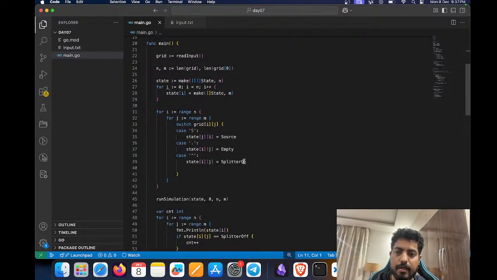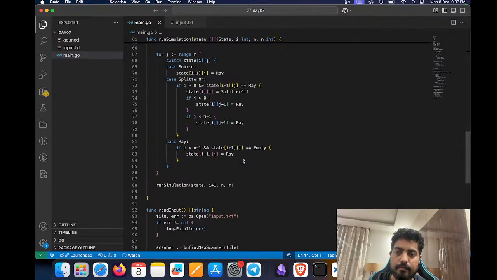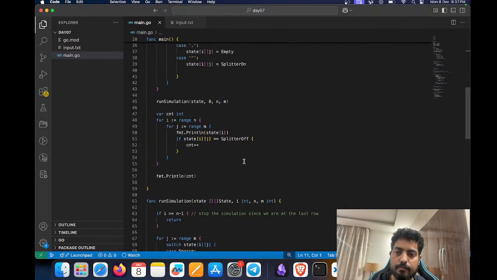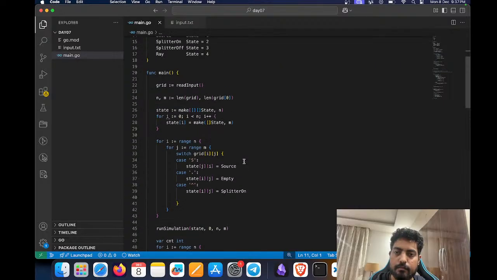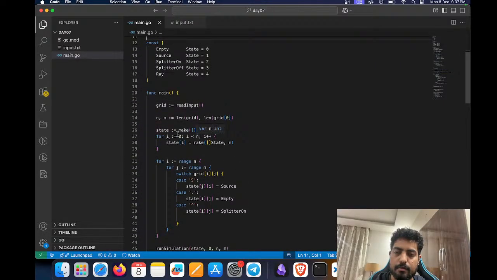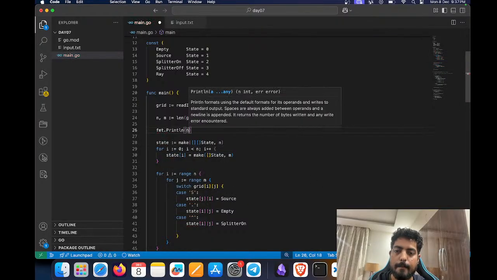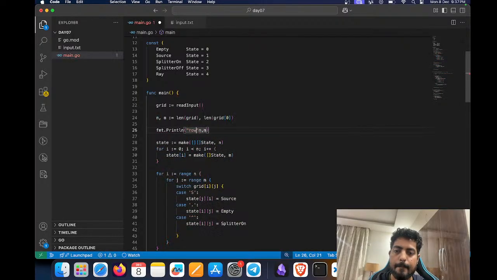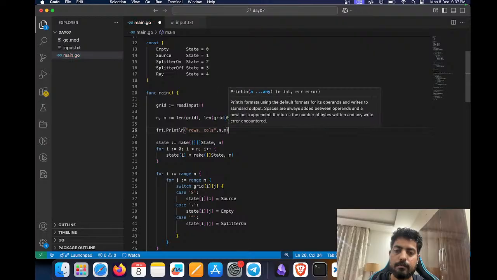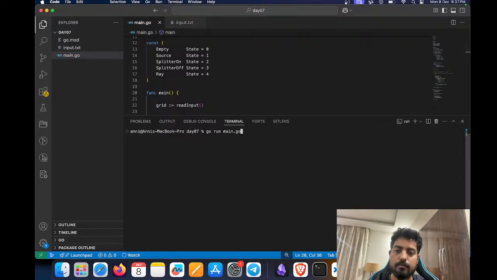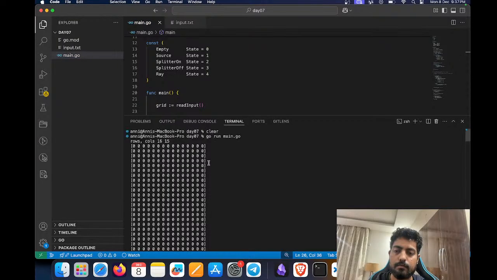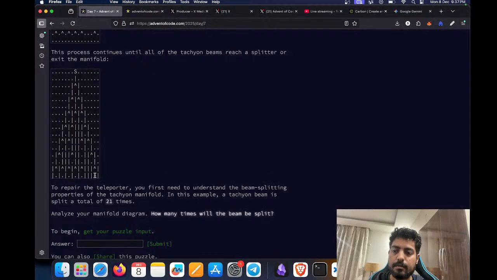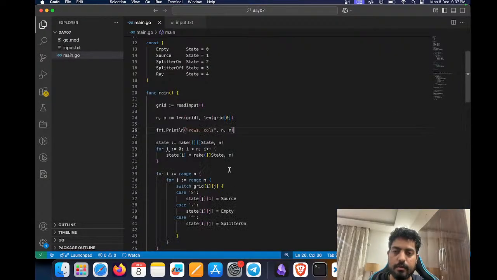And first of all, why do we have such a large array? What is n comma? N is the number of rows, rows, columns. So we have 16 rows and 15 columns. Okay, seems about right. I won't count it.